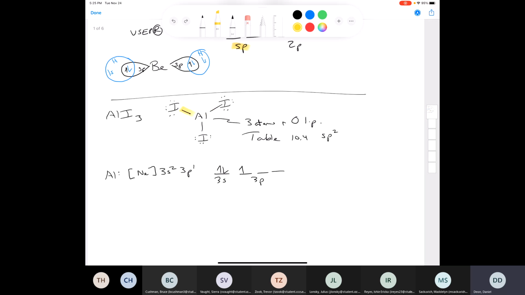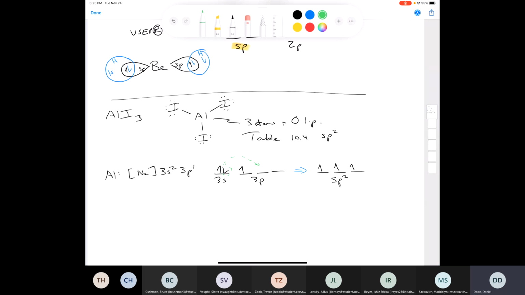Why would 3 electrons get as far away from each other as possible if 2 of them are paired up? The answer is hybridization. So we're going to hybridize some more. We're going to need 3 hybrid orbitals, so we're going to mix 1s and 2p to form sp2, and then we're going to have 1 2 3 unpaired electrons. We took this electron and we put it in here.